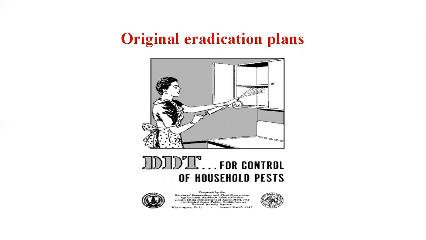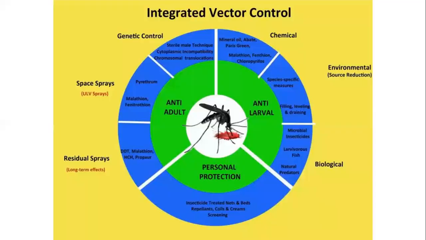Also, you can go for different eradication plans, like pest control management using DDT and other pesticides. And this is the integrated vector control cycle, where you can use chemicals and biological methods. You can also go for treatment against anti-larval and anti-adult mosquitoes.